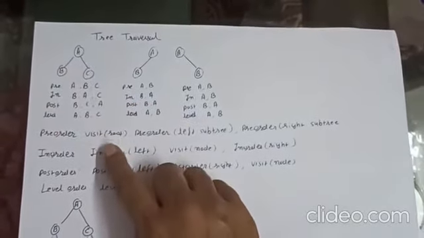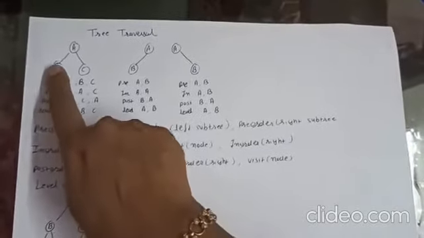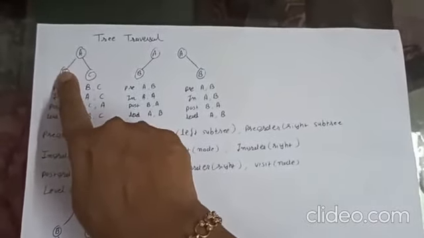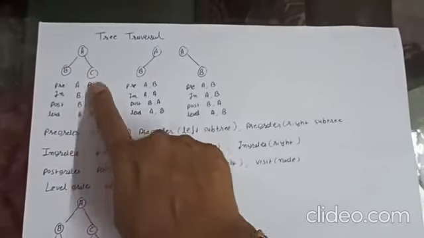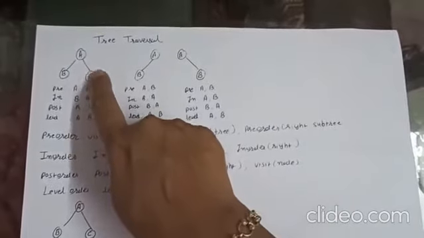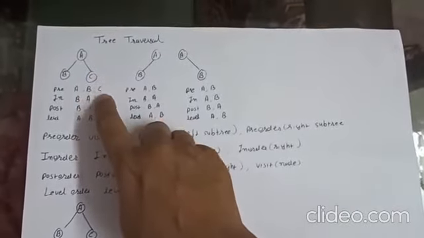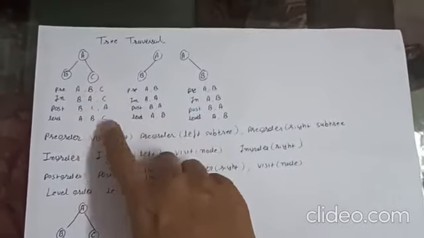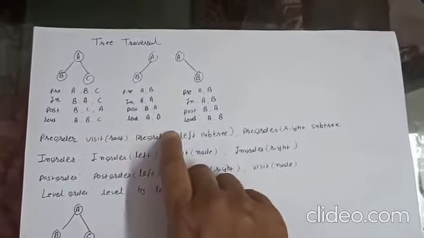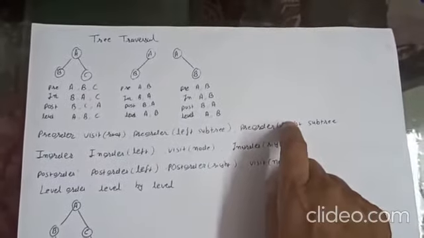So first the root and then perform pre-order on the left subtree. We have only one node, so that's why B. And then pre-order of the right subtree. We have a single node in the right subtree also, that's why C. So pre-order is nothing but visit the root node and then the left subtree and then the right subtree.